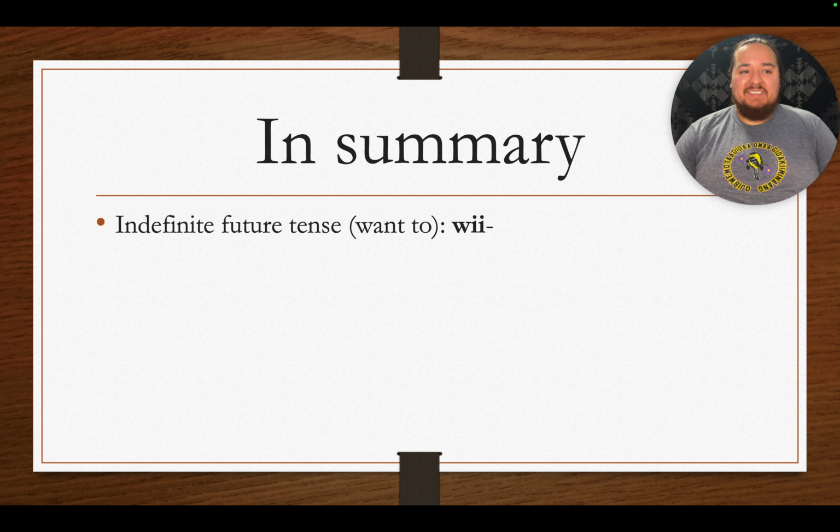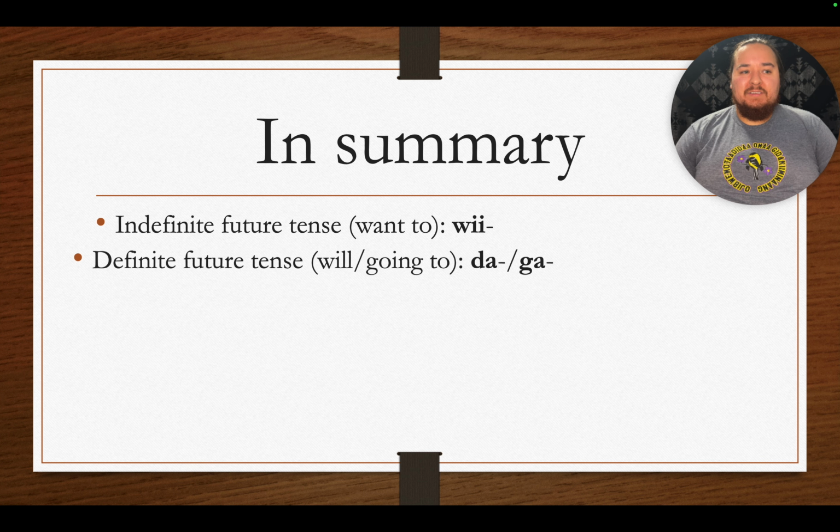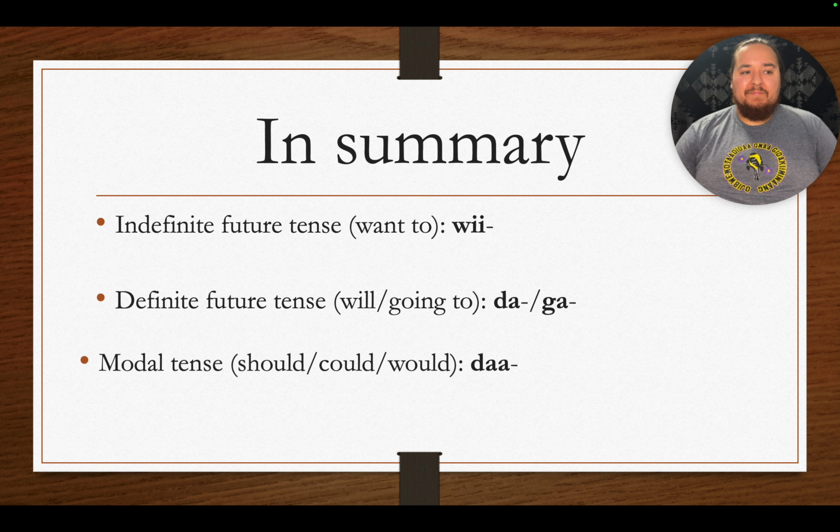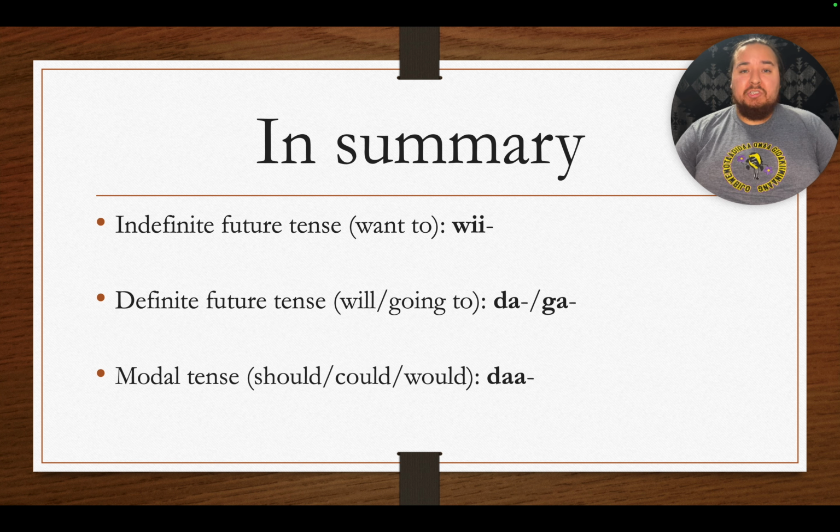Indefinite future tense is with we. Definite future is either da or ga. For this lesson, it's da. Modal tense, should, could, or would, is expressed through the prefix da.